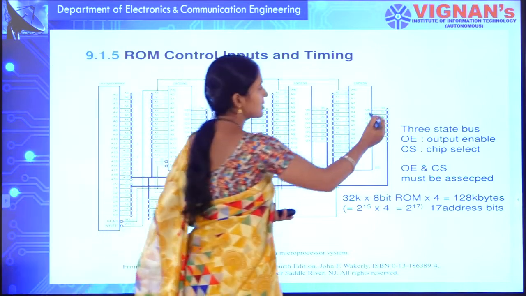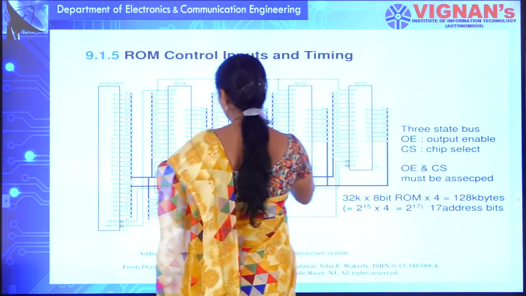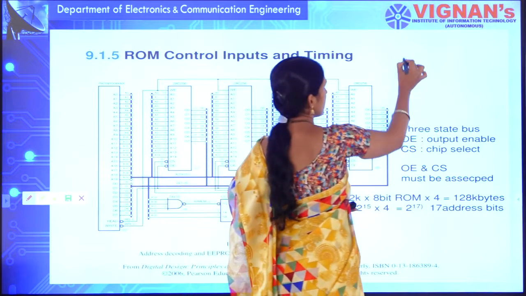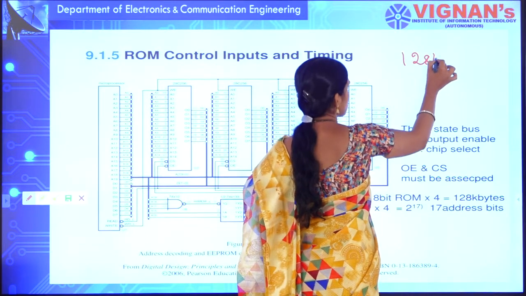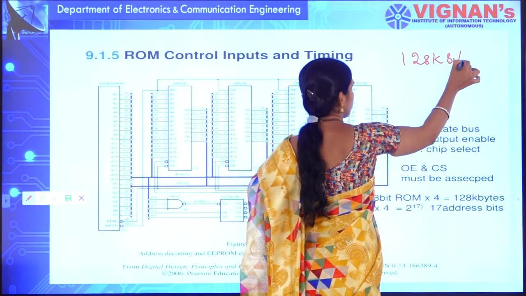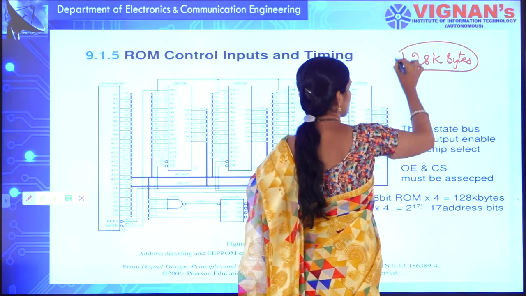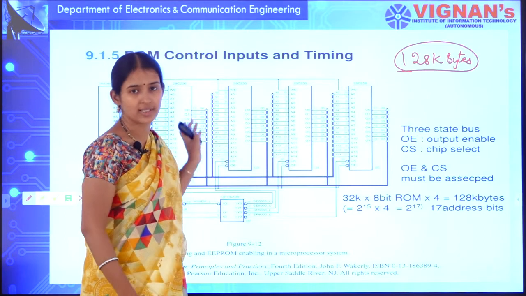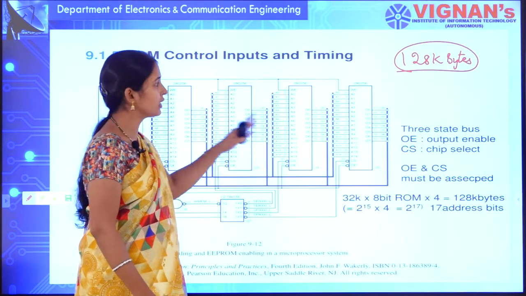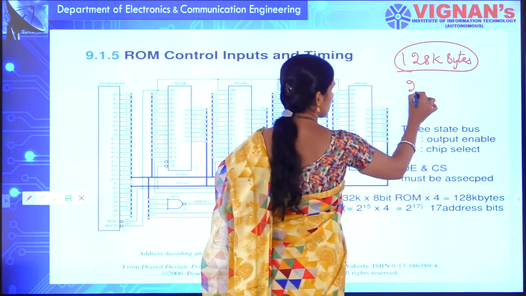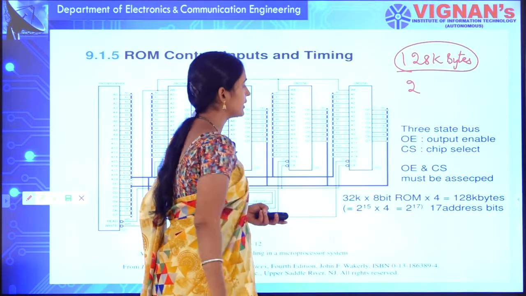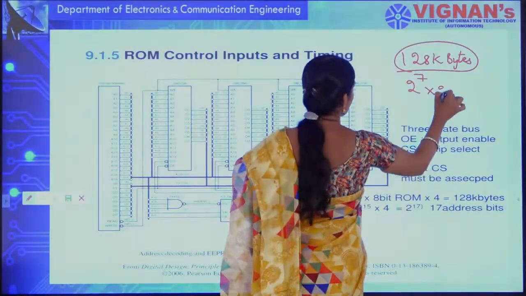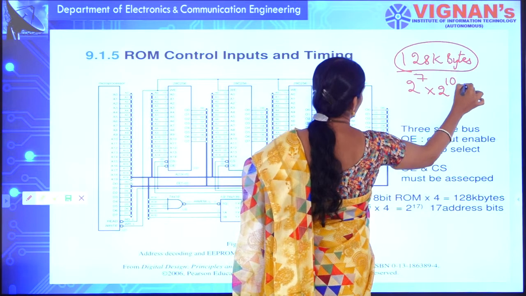See here, if I want to interface 128 kilobytes into a microprocessor, how to interface that? 128 is 2 power 7 into 2 power 10 bytes.